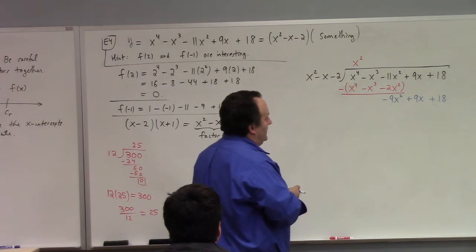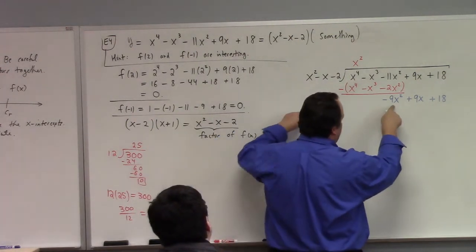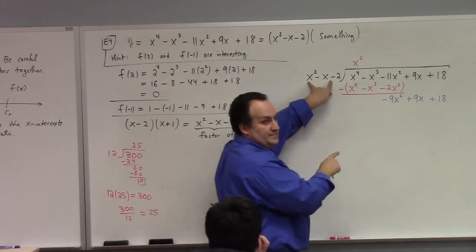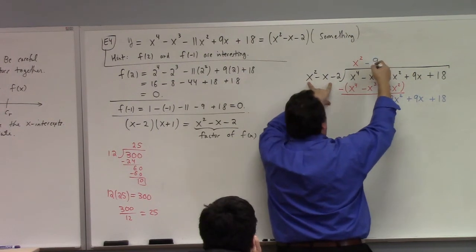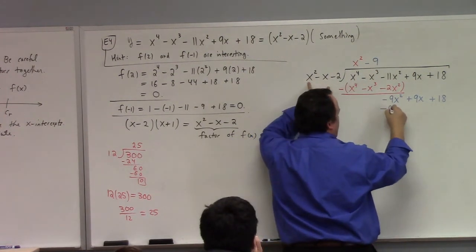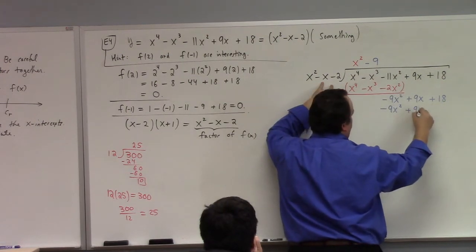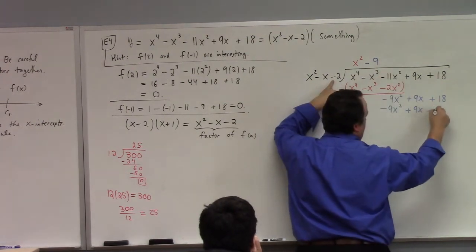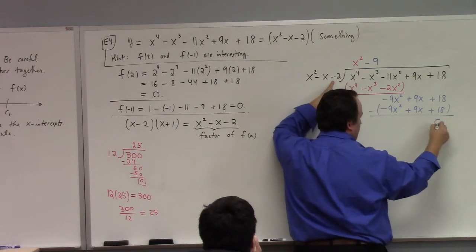All right, so then what? I want to get minus 9x squared from this. Minus 9 is what I do next, right? Minus 9 times that gives me a minus 9x squared plus 9x plus 18, which is good news because when we take the difference, we get 0.